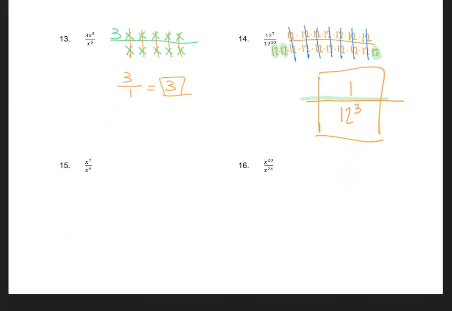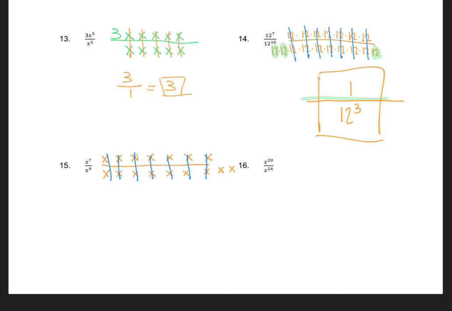All right, let's look at number 15. I write my divider. I have 7 x's on top, and I have 9 x's on the bottom. When I knock out all my x's, I have 2 left over. And where are they left over?